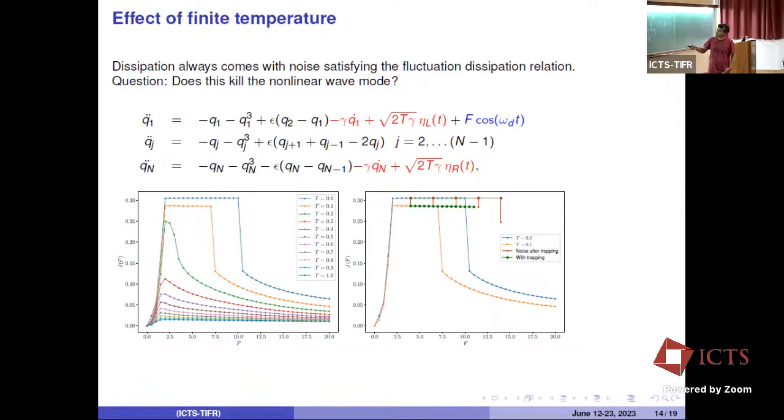This is at t equal to 0.1. If you start from random initial conditions, you would get something like this. But if you start from close to the breather and switch on the temperature, then you will go to a different state. So it means that even at a finite temperature, with noise and everything, it looks like there are two steady states. One is this state, and this is the other state, which carries much more current.